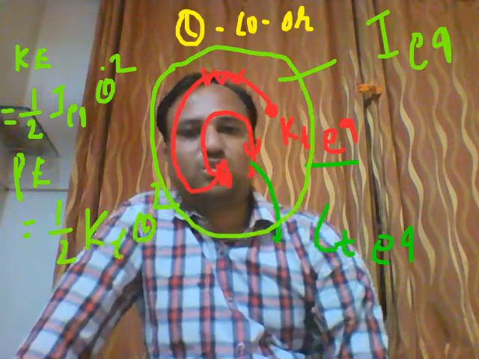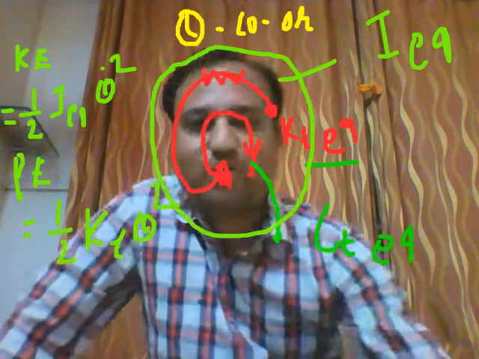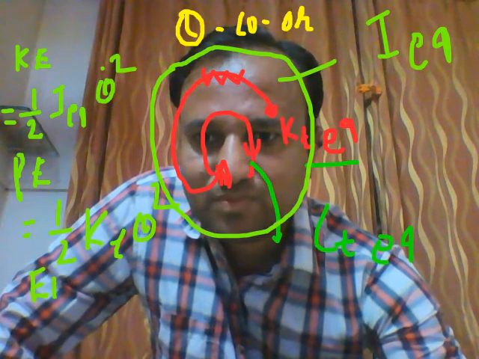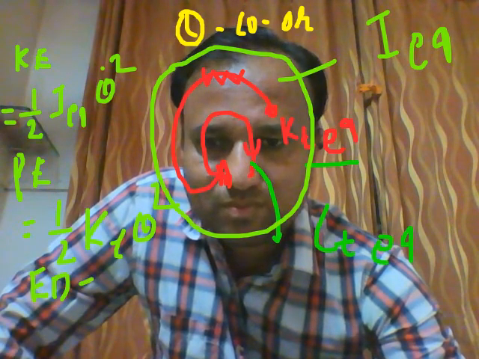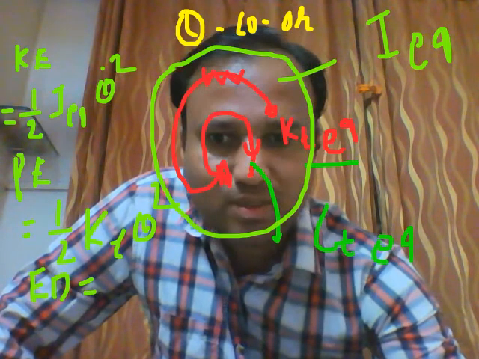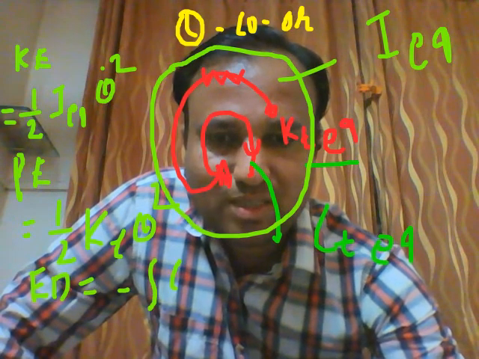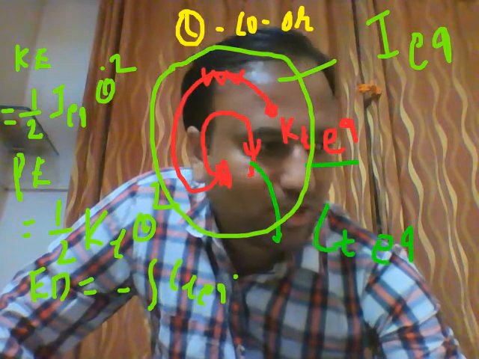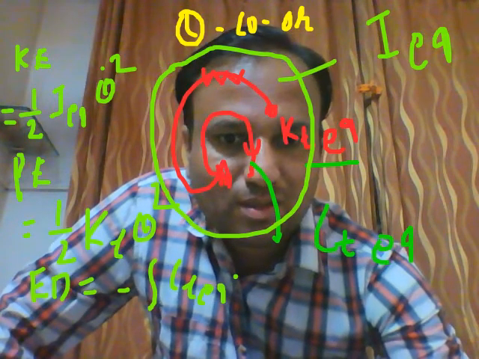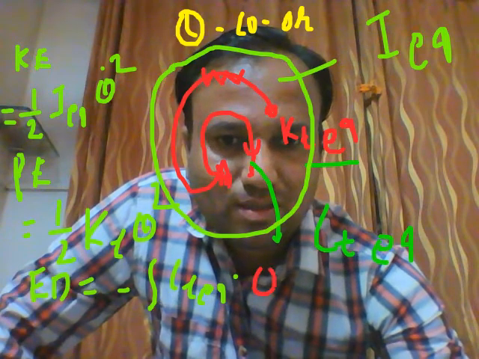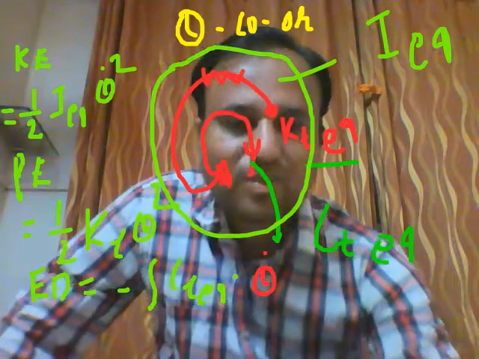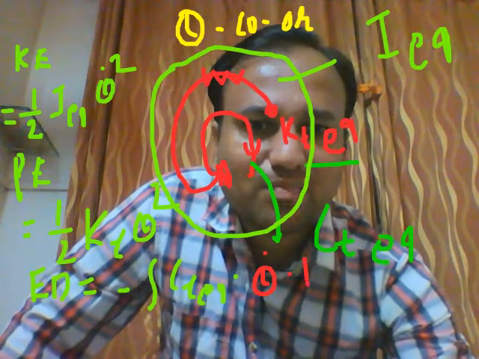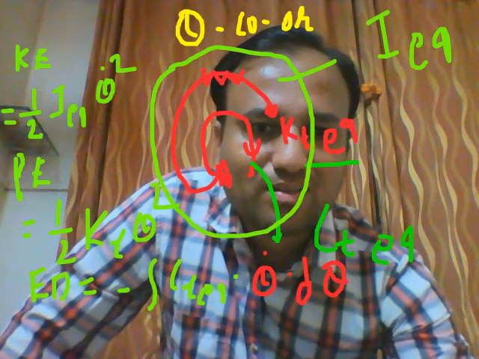Right, student? So the energy dissipation as far as the theta coordinate system is concerned will be minus the integral of CT equivalent into theta dot, where x dot is replaced by theta dot and dx is replaced by d theta.